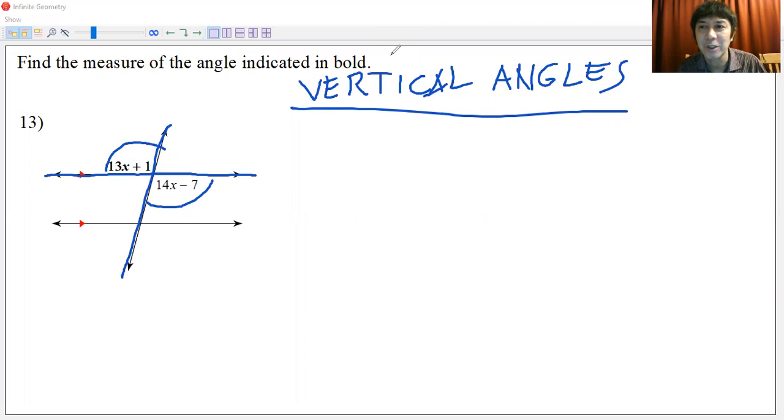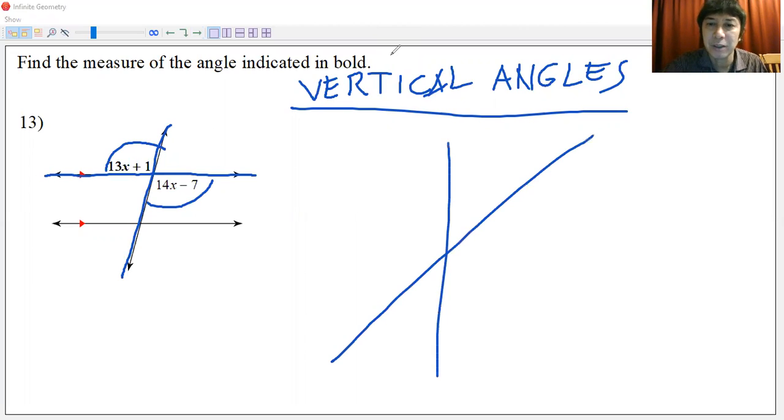Okay, so this is the definition of vertical angle pair. And you can see it from our example. And by definition, vertical angles are always congruent. That means equal in measure, okay? If you have two lines like this, this measure must be equal to this measure, okay? Vertical angles are always equal in measure.